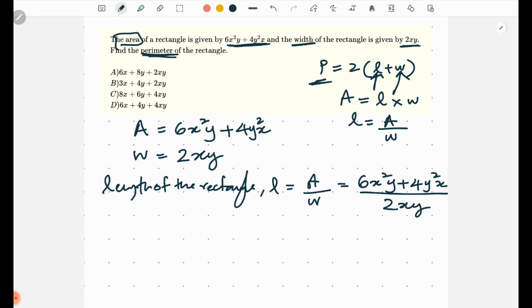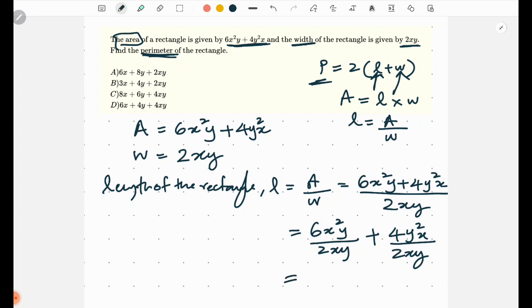How do we simplify this? There are two terms in the numerator and one term in the denominator. So this is 6x²y by 2xy plus 4y²x by 2xy, since (a plus b) divided by c is a by c plus b by c.